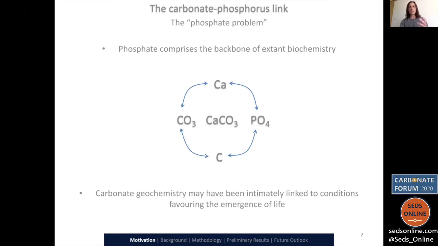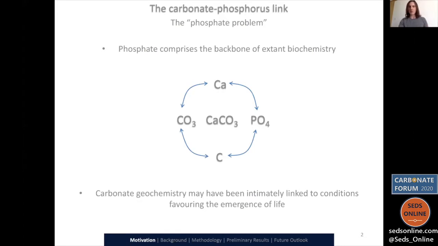So how this concentration problem was overcome to provide enough phosphorus to get life kickstarted has become known as the phosphate problem. We heard before about the dolomite problem in the oceans and in the geological record. I guess that in science, we really love a good problem, or at least to label things like that.